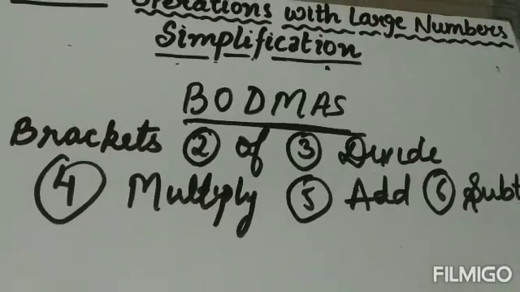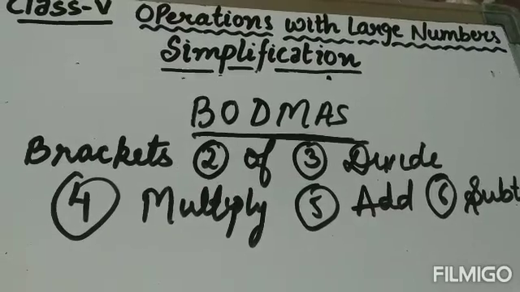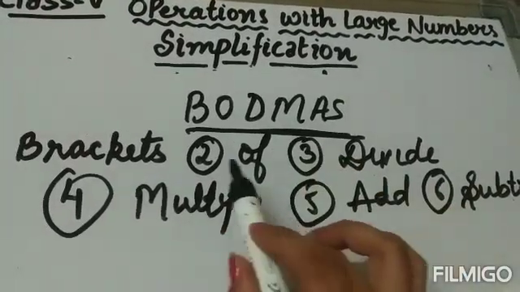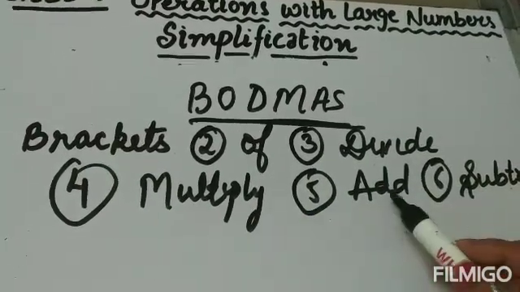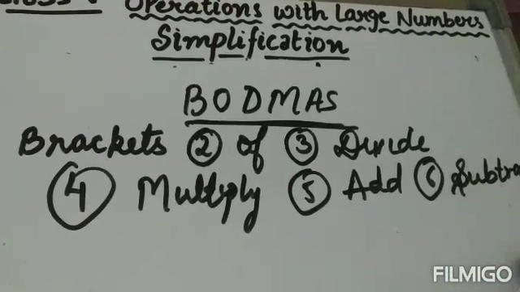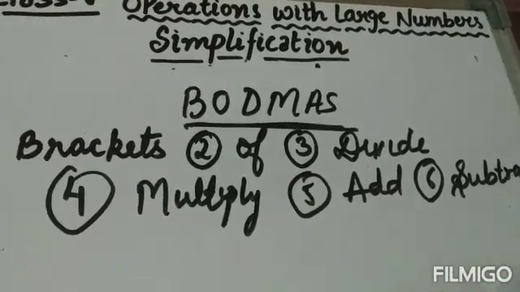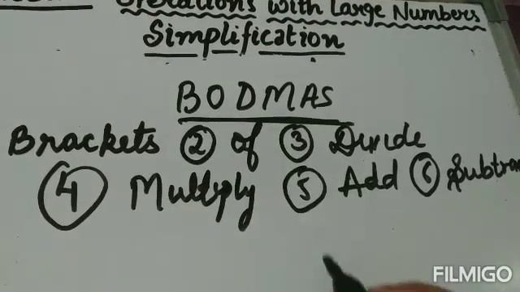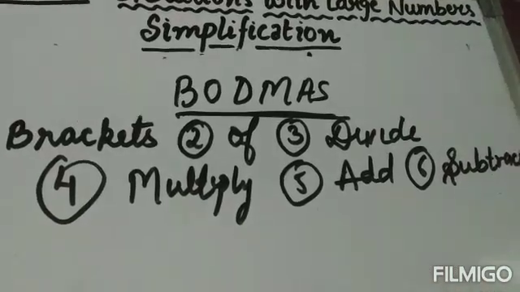Okay, so when there are brackets in the simplification sum, the order in which the operations are to be done is given by BODMAS: brackets, of, then divide, then multiply, then add, then subtract. Okay, and if there are brackets within brackets, simplify within the inner brackets first. Okay, inner brackets we will solve first, and after that the outer brackets.